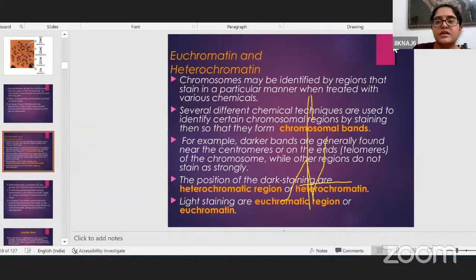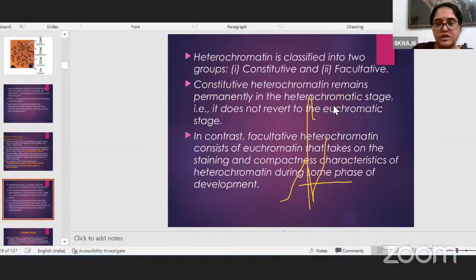So as you can see on the screen, during interphase the chromatin structure gets condensed. So the density of this chromatin varies at the different phases of cell division. The dense regions are called heterochromatin because they stain darker. Light staining is euchromatin.